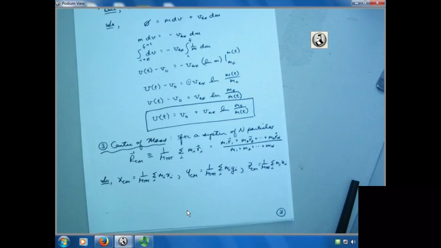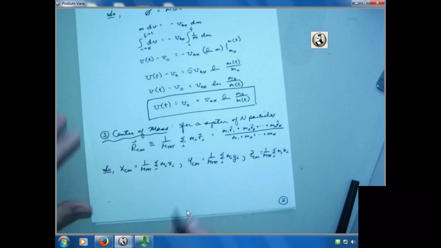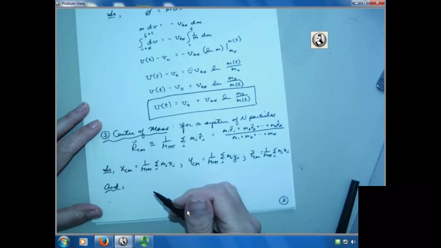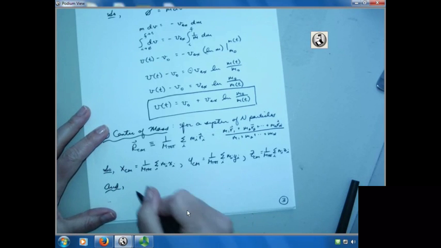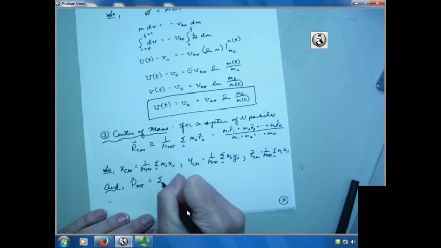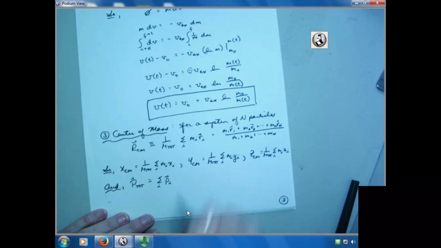All right. Now, the thing about this center of mass is that it has kind of an interesting property. So let me just illustrate that for you now. The total momentum of the system is equal to the sum over all the particles' individual momenta.